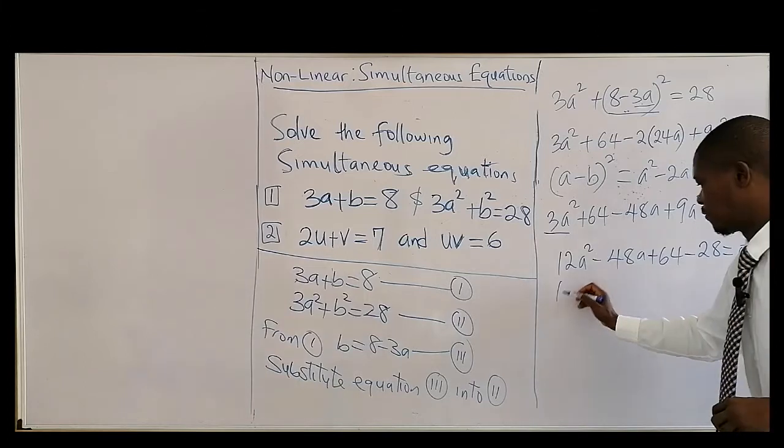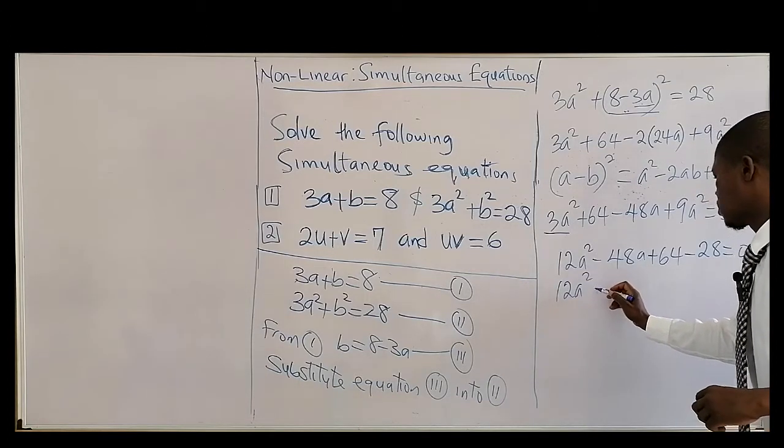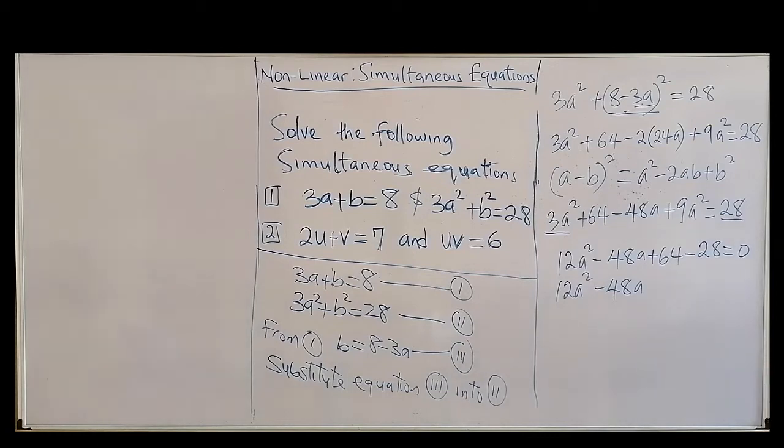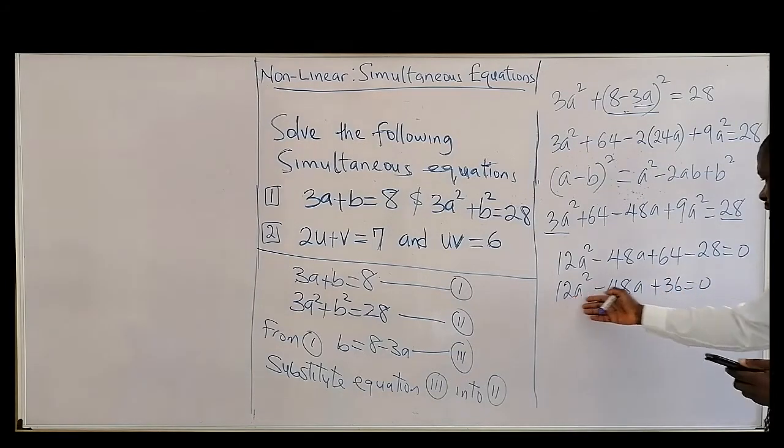So that will be equal to 12a squared minus 48a, then 64 minus 28, that's plus 36. We can divide the equation by 6.